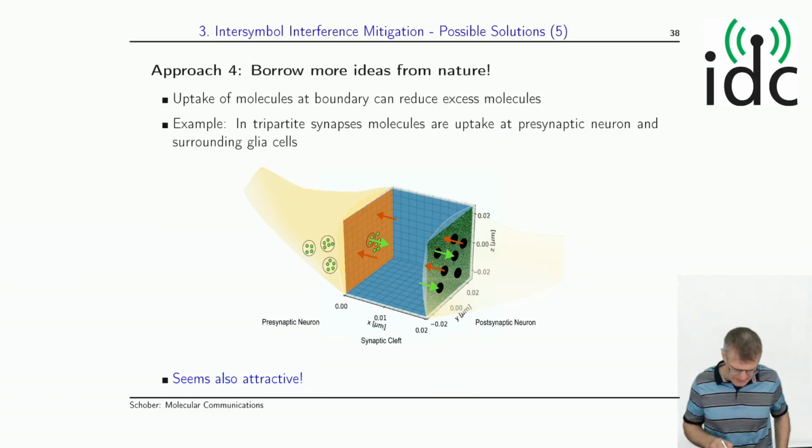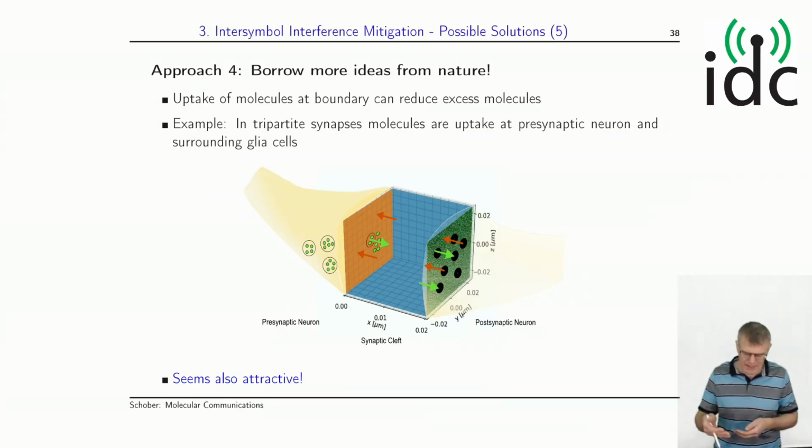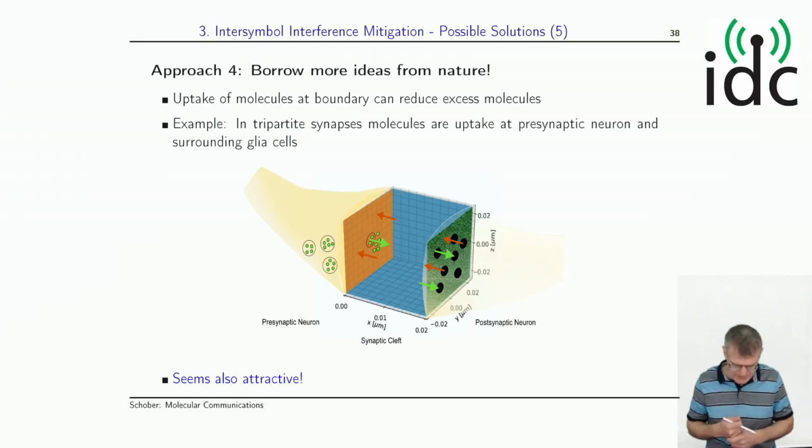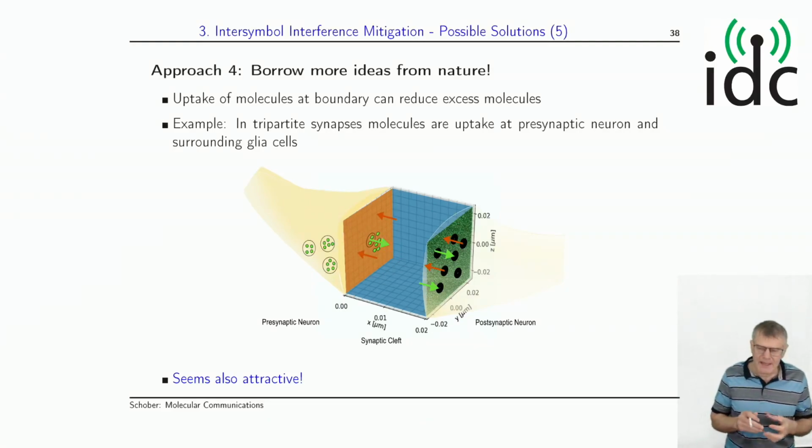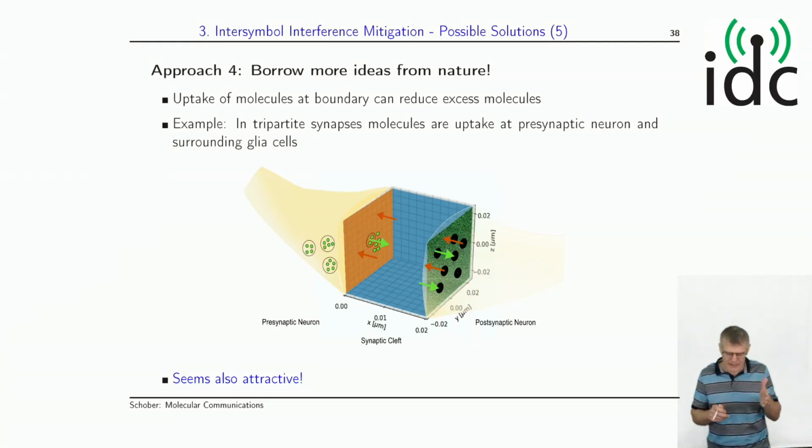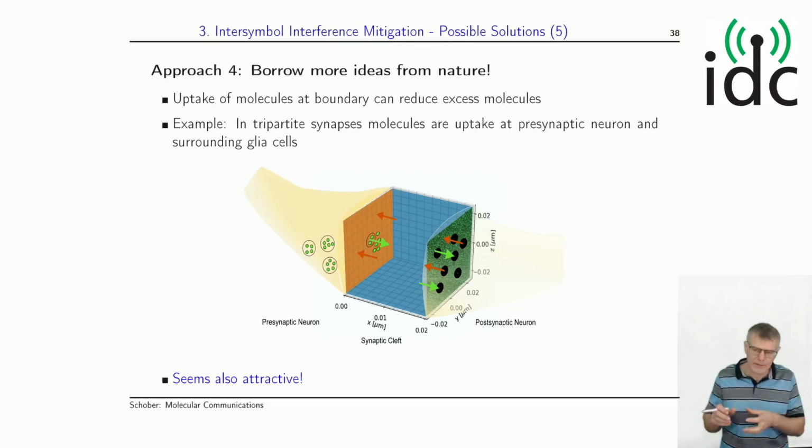And the surrounding area, this blue surface, illustrates the membrane of so-called glia cells, right? Those are cells that surround this synaptic cleft in these tripartite synapses, and both the glia cells as well as the presynaptic neuron have proteins embedded in the cell membrane that can take up, so that can remove these neurotransmitters from the synaptic cleft.